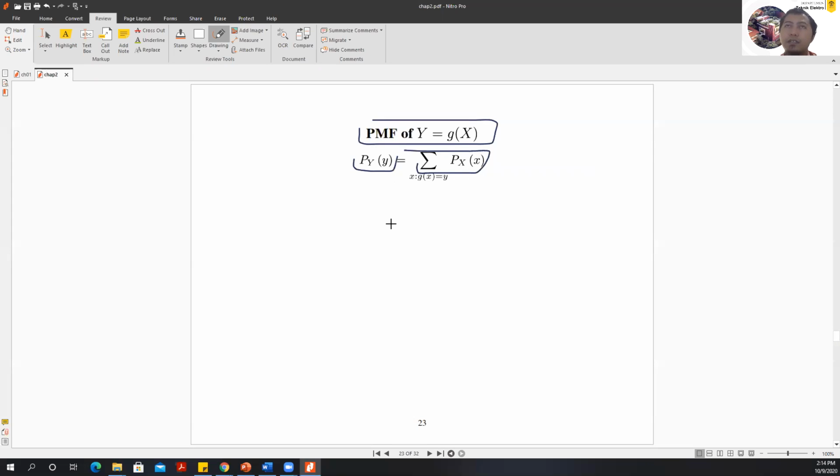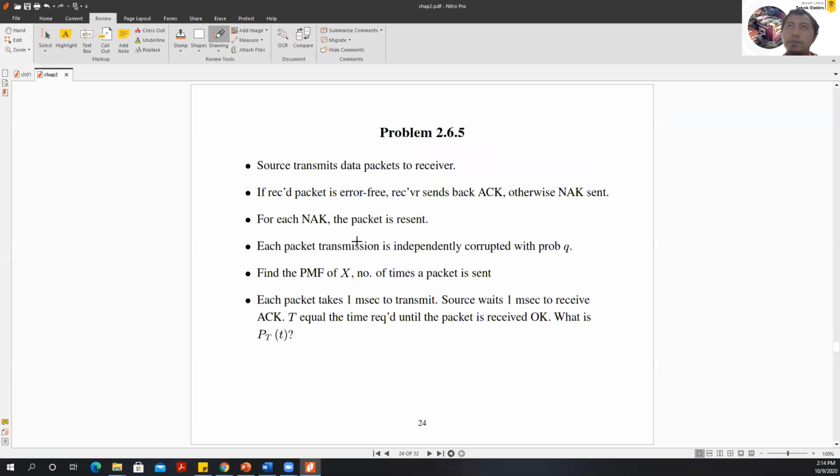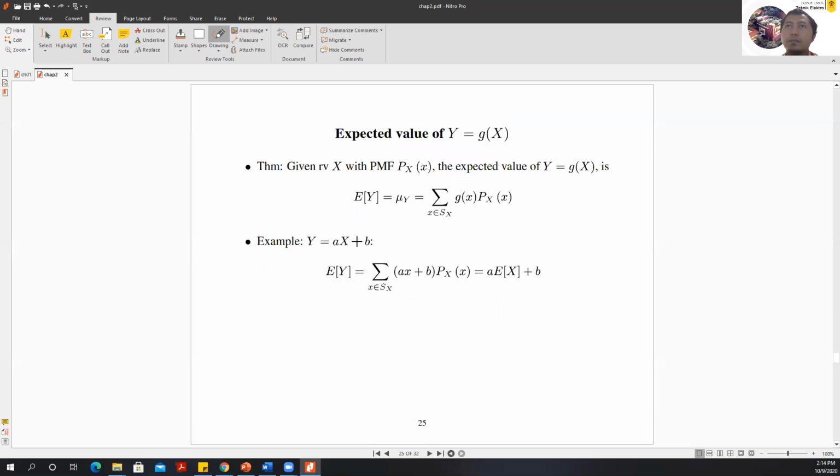Hopefully it's clear, because I already explained it before. You remember that for a, equal to the mean, the expected value of this random variable that we want to know is each value multiplied by its probability, and then we get the expected value.